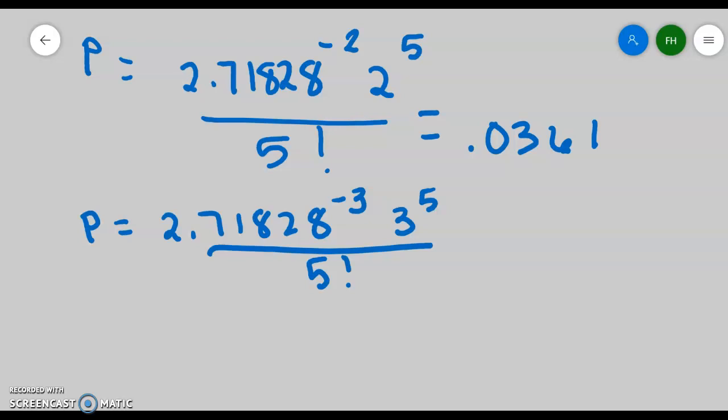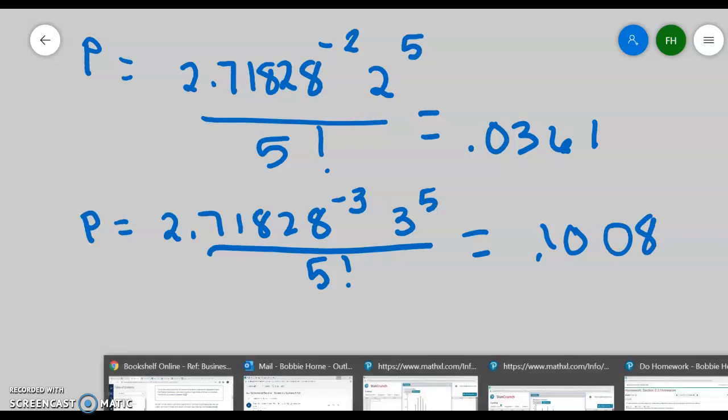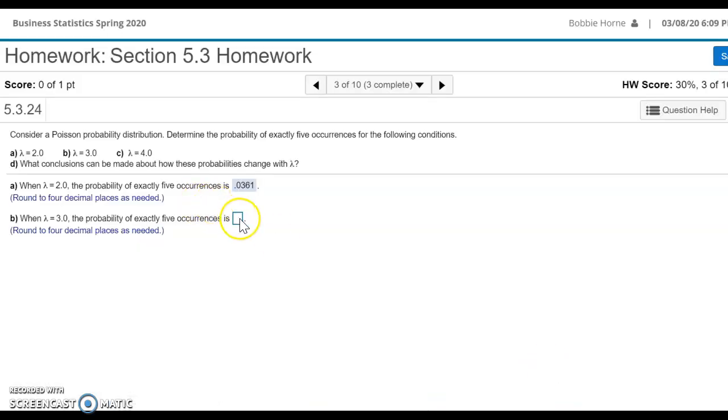So 2.71828 to the negative 3rd power, and then I'm going to times that by 3 to the 5th and divide it by 5 times 4 times 3 times 2 times 1, which is really just 120. And then you get 0.1008. And I don't round anything until I get to the end.